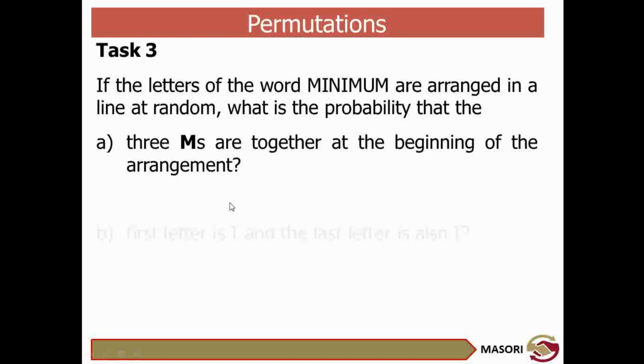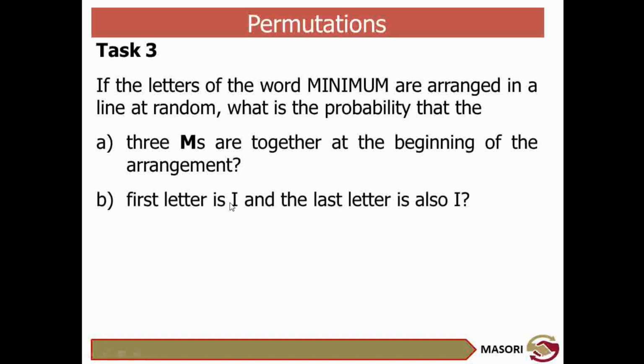What is the probability that the first letter is I and the last letter is also I? And finally, what is the probability that the 3 M's are together?